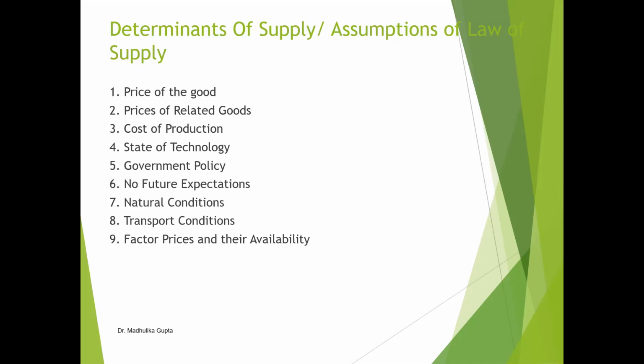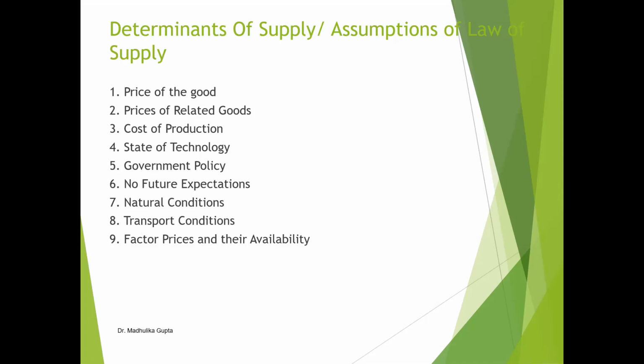You understand? The next one is government policy, that is a determinant of supply or assumption of the law of supply. The production of a good may be subject to imposition of commodity taxes such as excise duty, sales tax, import duties, etc. So these raise the cost of production, and so the quantity supplied of a good will increase only when the price in the market rises.